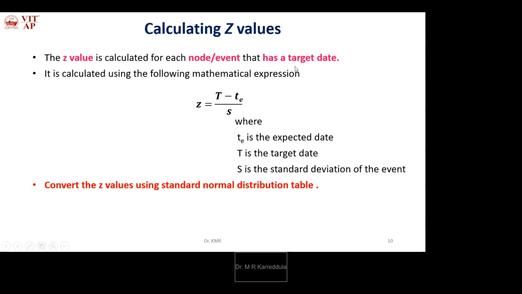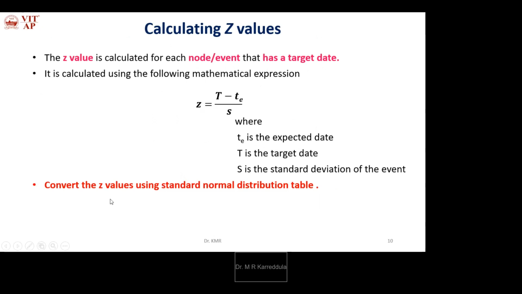It is calculated using the expression Z equals (T minus E) divided by S, where T is the target date, E is the expected duration of the event, and S is the standard deviation of the event. For that particular event only we calculate the Z value if a target date is given.